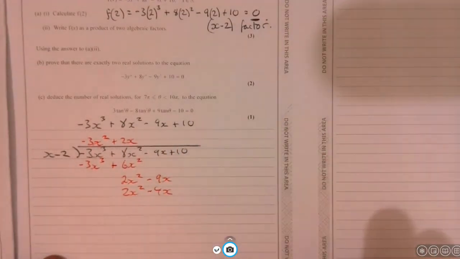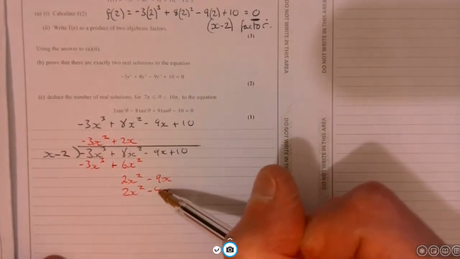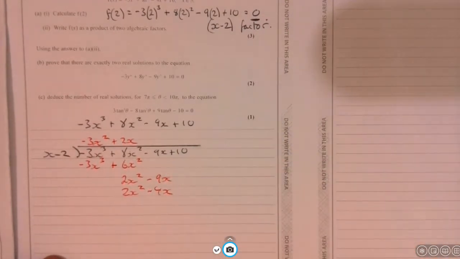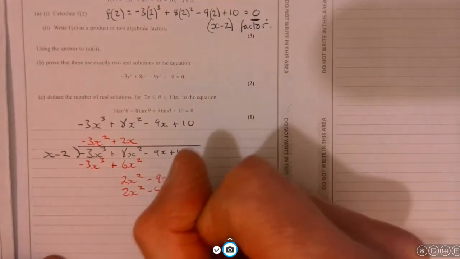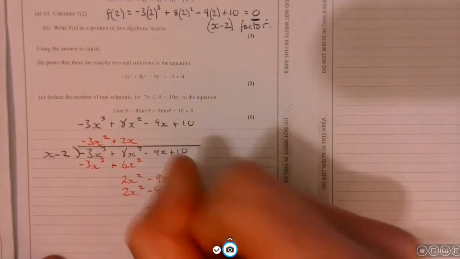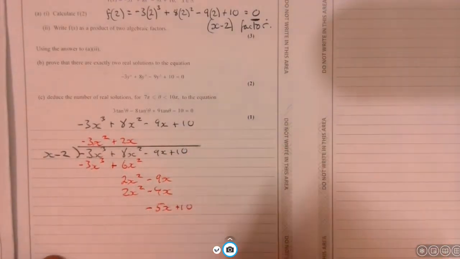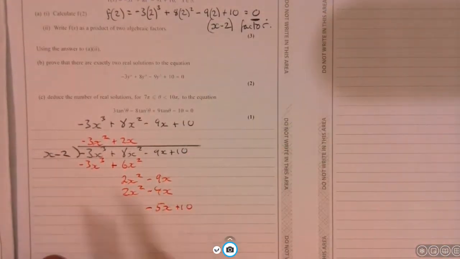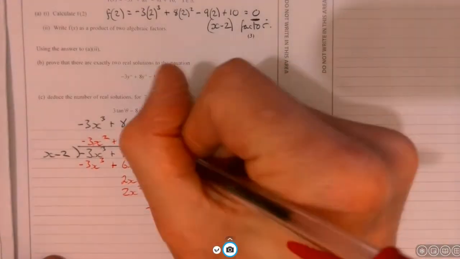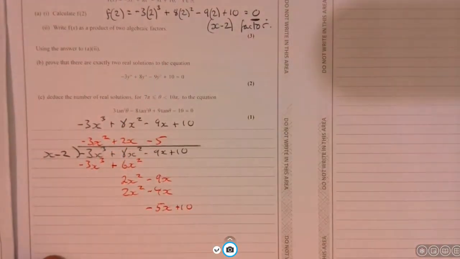What's left? This take away this part gives me minus 5x, and then we've also got the plus 10 left. What do I multiply this by to get to this? Minus 5, and I think you'll find there's nothing left over.